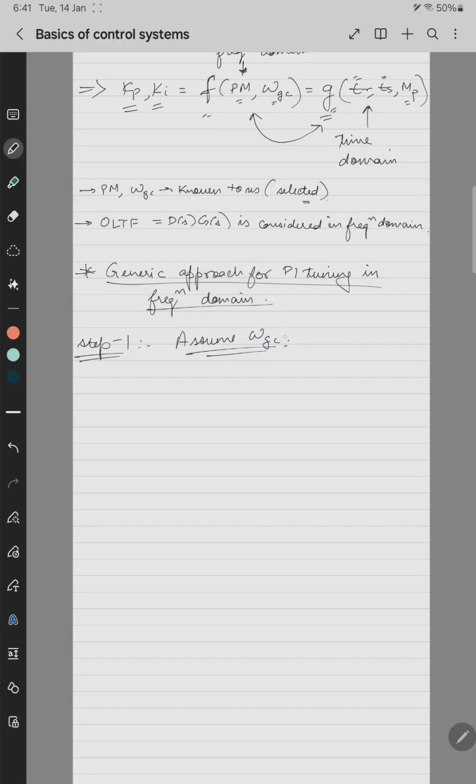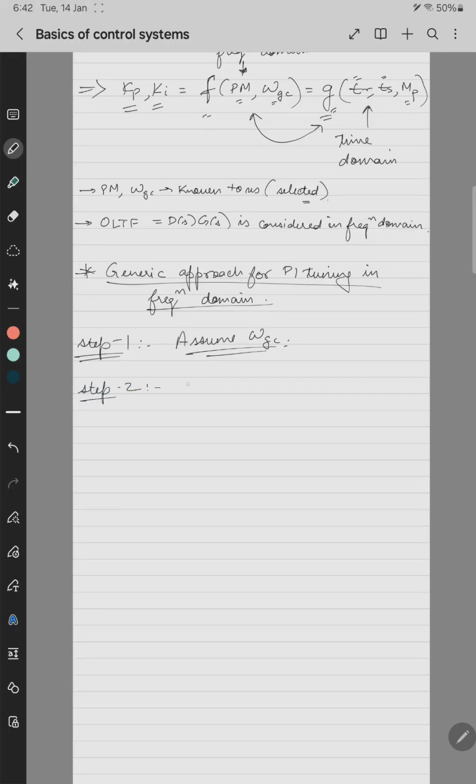Basically assume omega GC, then tune your Kp and Ki, then draw the Bode plot of the open loop transfer function, and see that the gain crossover frequency matches the assumed one with the expected phase margin. Step 1 is to assume omega GC.